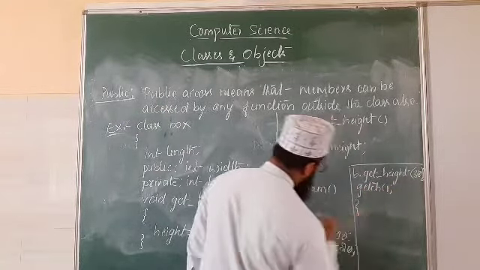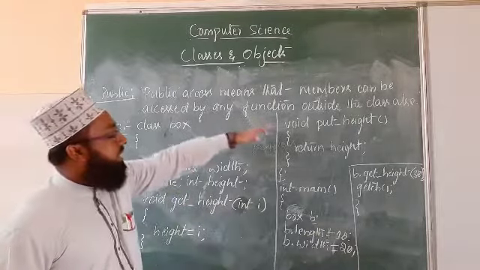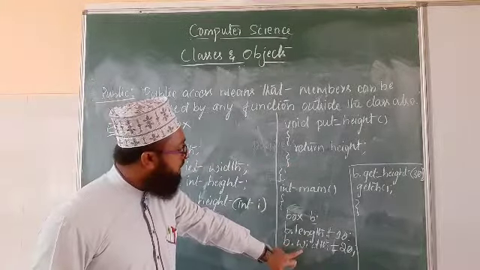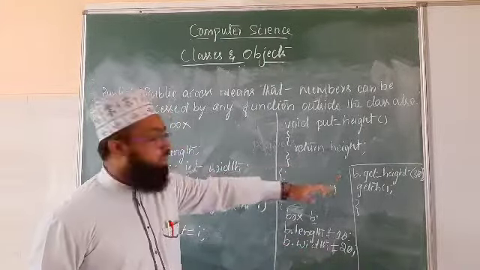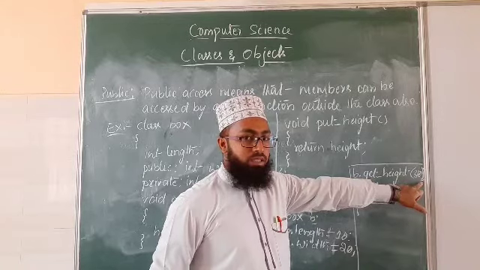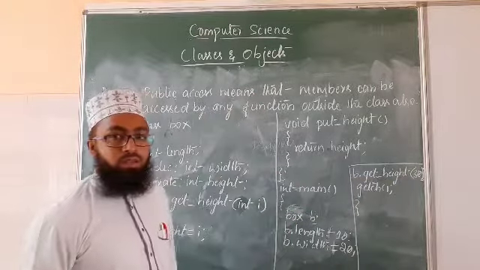See here, the members void get height and void put height come under the public access specifier, and they are used outside the class also. Length, width and get height are used. The class is closed here, but get height, the argument answer will become 30. This is used outside the class also.